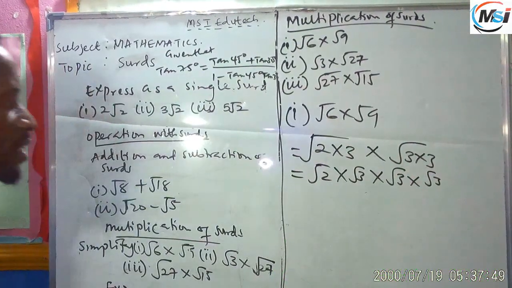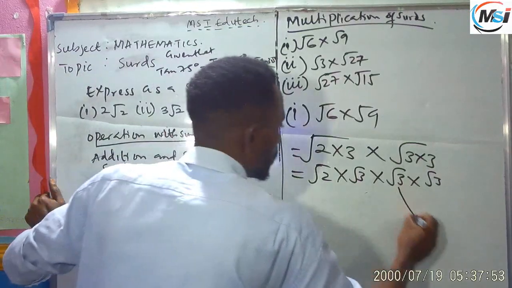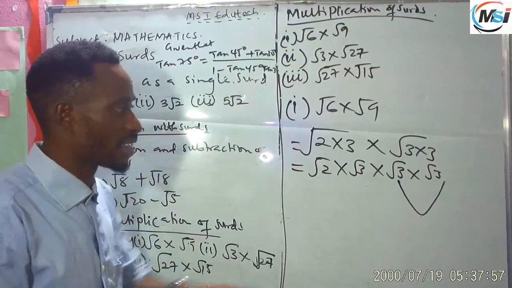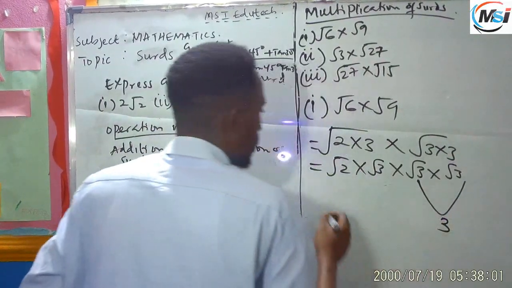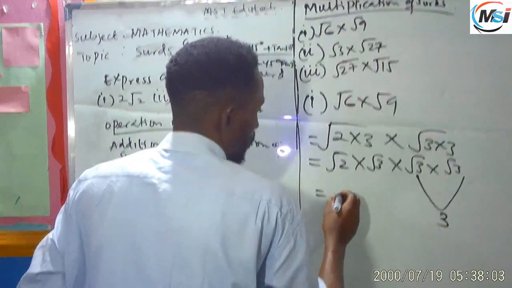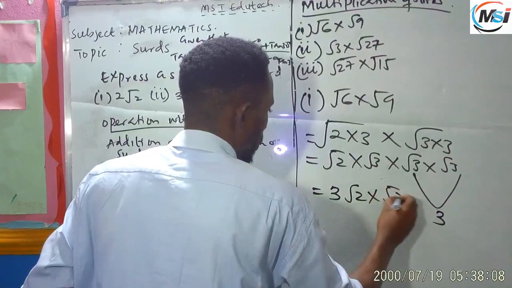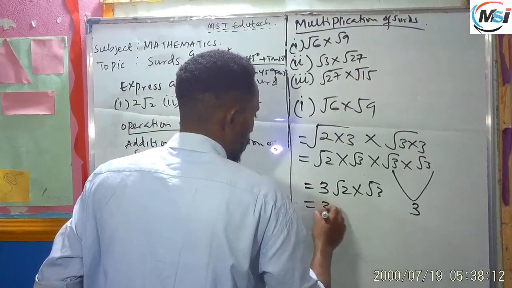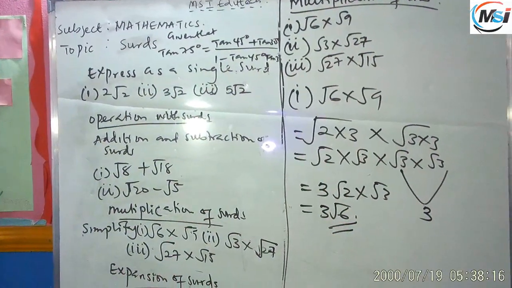So if you have two roots that are the same, you have it as 3, then you have 3 root 2 times root 3. So you are going to finally have 3 root 6. That's what you have for this.